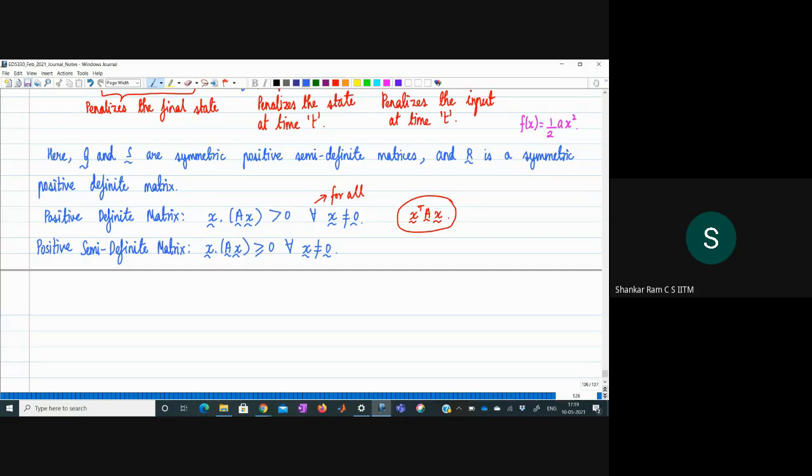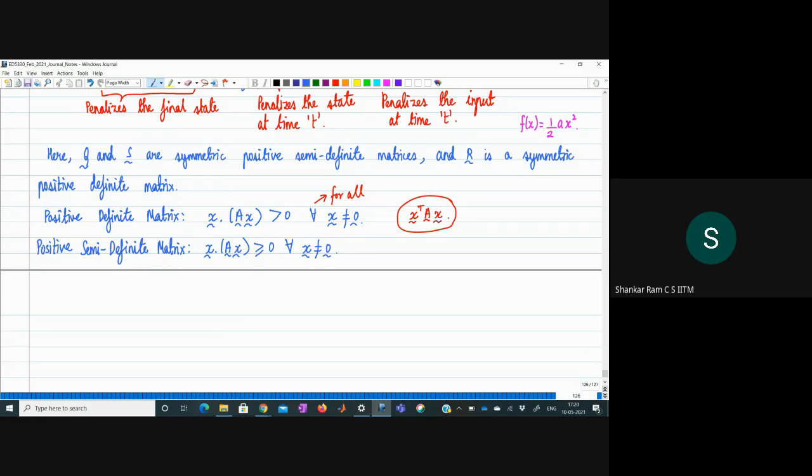On the other hand, if you have a positive semi-definite matrix, you can also have this product x dot Ax equal to 0 even if x is not equal to 0.